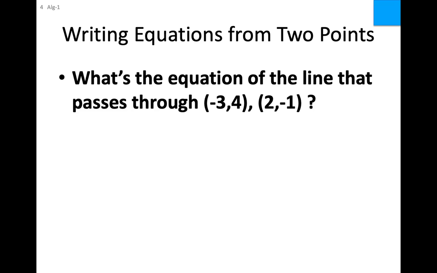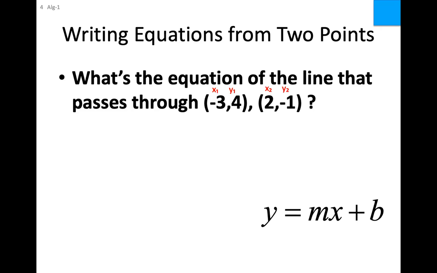All right, let's see. Step number one, we gotta find the slope. To find the slope, we label point 1, point 2, x1, y1, x2, y2. We calculate the slope. I like my pattern for slope because it always goes like this. If I label them like that, if I don't label them like that, it's a different pattern.